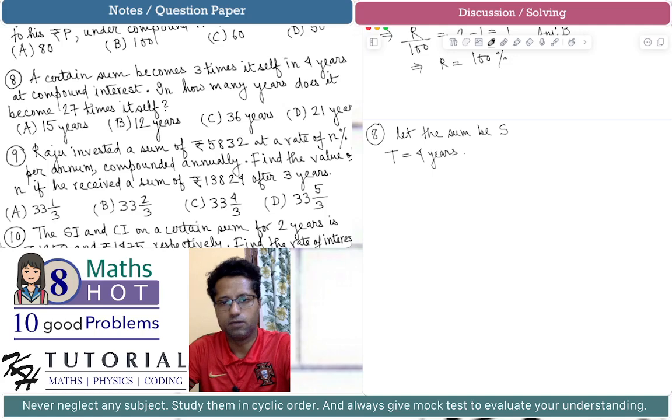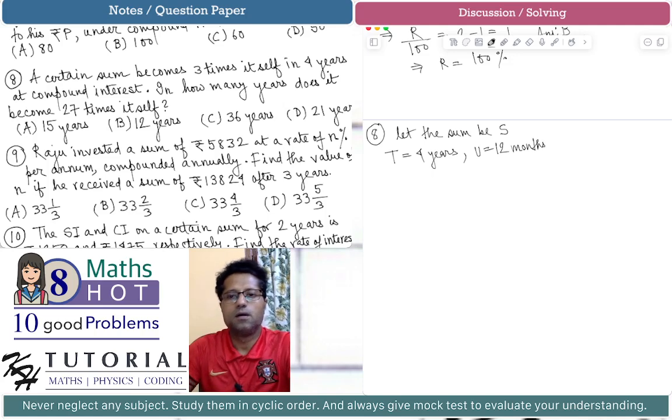So we are given t equals 4 years. We know u will be 12 months. So R' when u is equal to 12 months, R' is always equal to R.